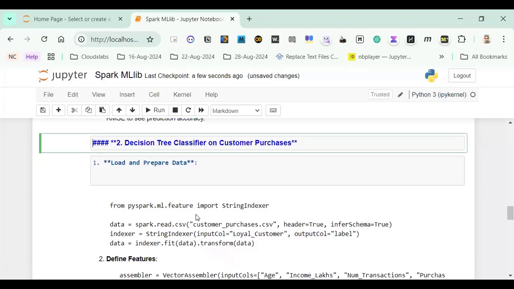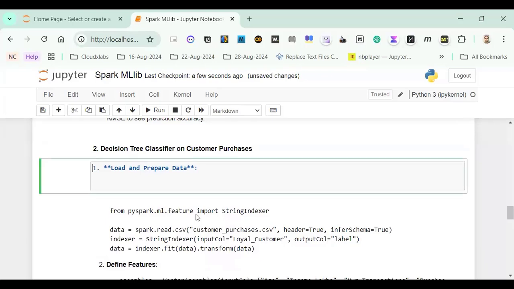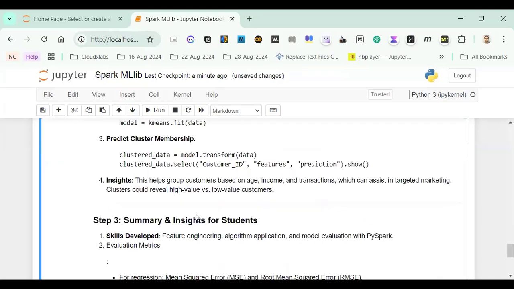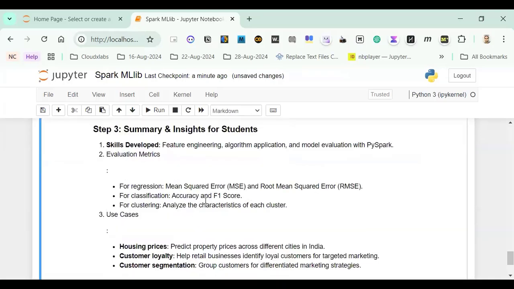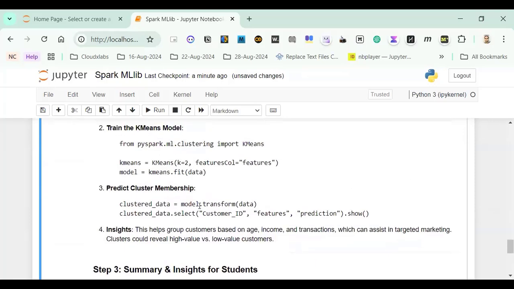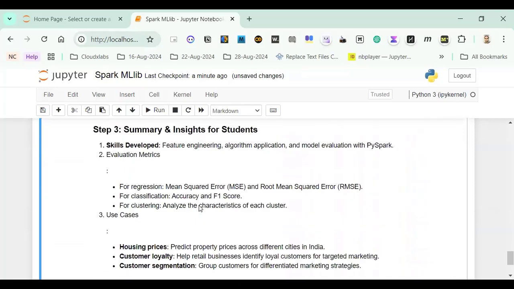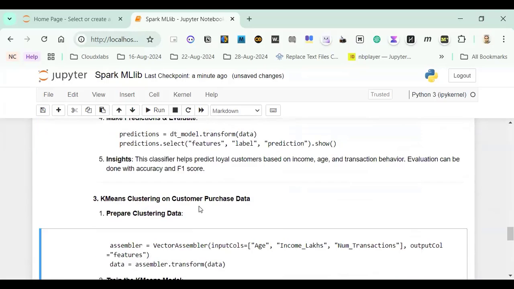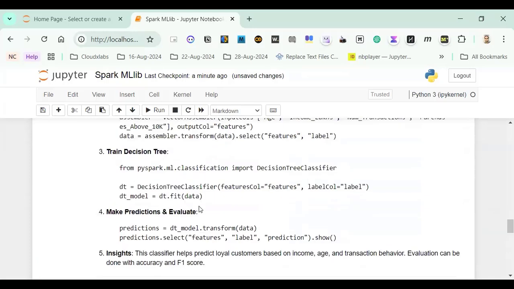Let's make it into logistic regression. We have done K-means clustering, and I think we didn't do logistic regression.